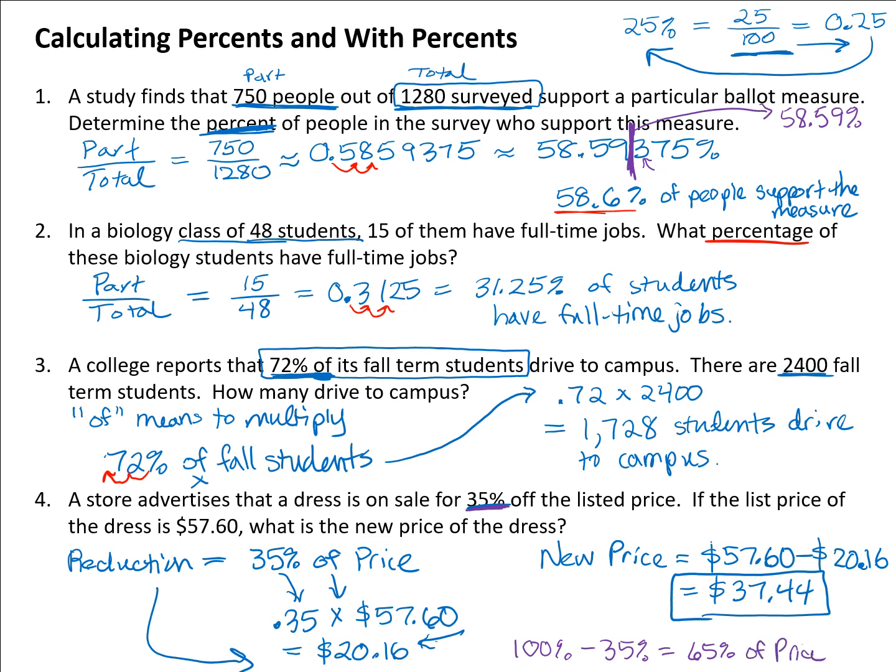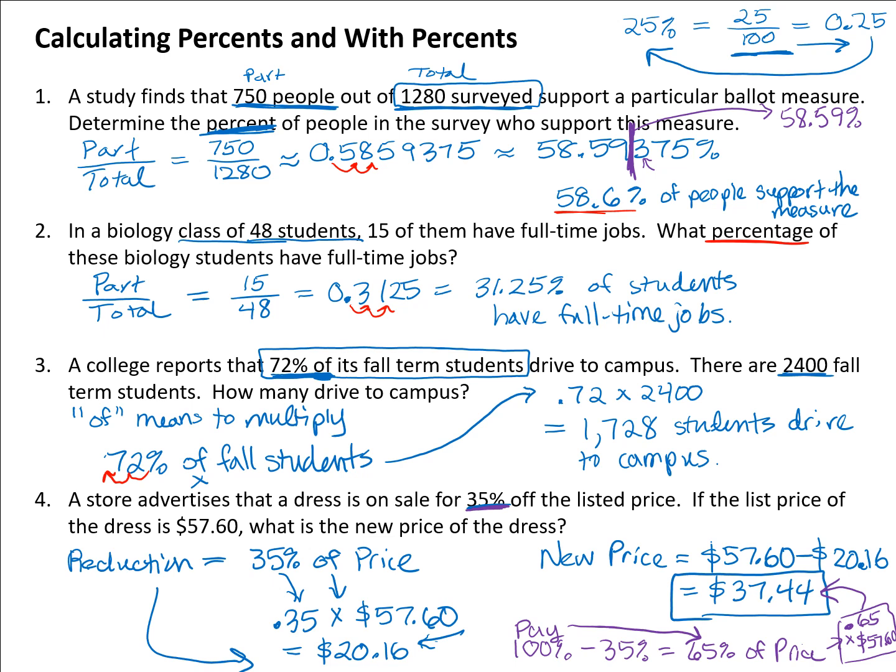So this is what you would pay. You pay 65% of the price. Now, if I were to do that as a calculation here, that would be 0.65 times the price of $57.60. And if you did that calculation, 0.65 times $57.60, that calculation would actually give you exactly our final answer here. It would give you $37.44.